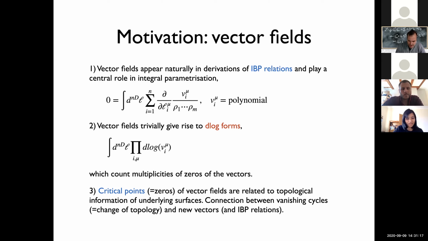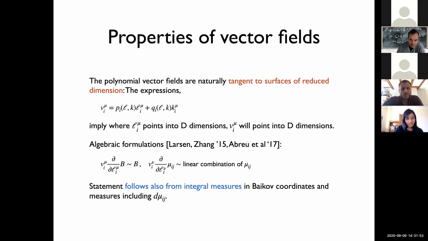And if a cycle vanishes, then the topology changes, and then you also expect new vector fields that have a new set of critical points. So if you find new vectors, you get new IBP relations, and then you have a mechanism to remove master integrals, which you should lose because the cycle disappears. So vector fields also give you a link between change in topology and changes in your IBP reduction.